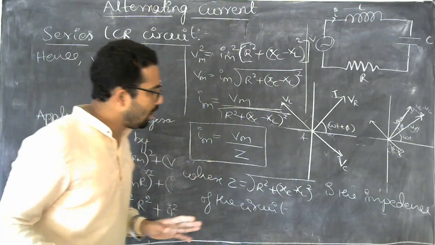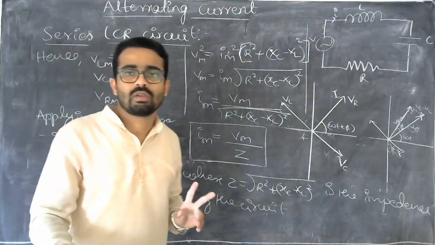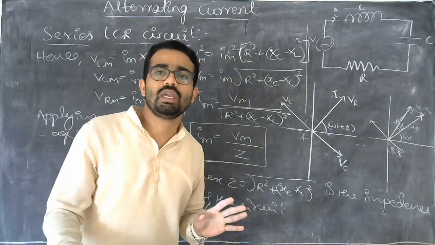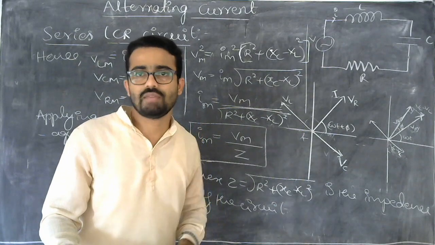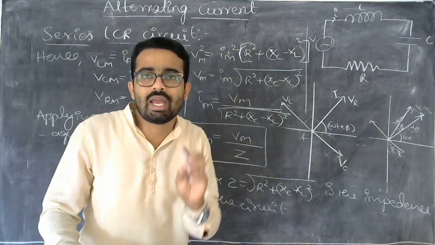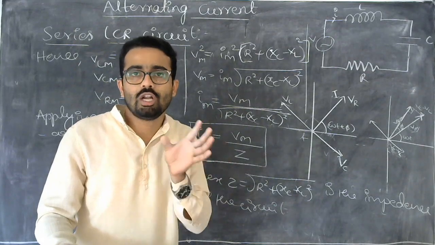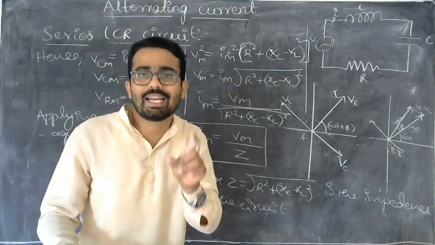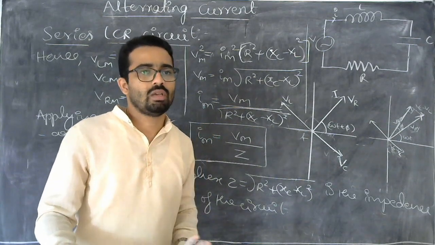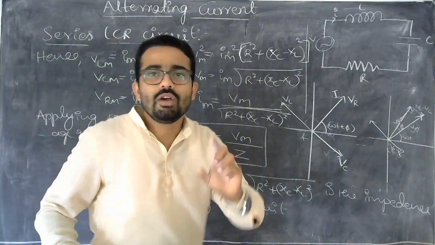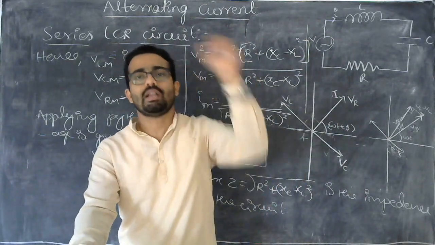So what is the use of that resonant frequency? This is a concept we use in radios. I already gave the example of that. If you are tuning a channel, if you are rotating the knob, you are selecting a particular frequency. How? Let me tell you. Your radio will have an antenna. That antenna will receive all kinds of frequencies.